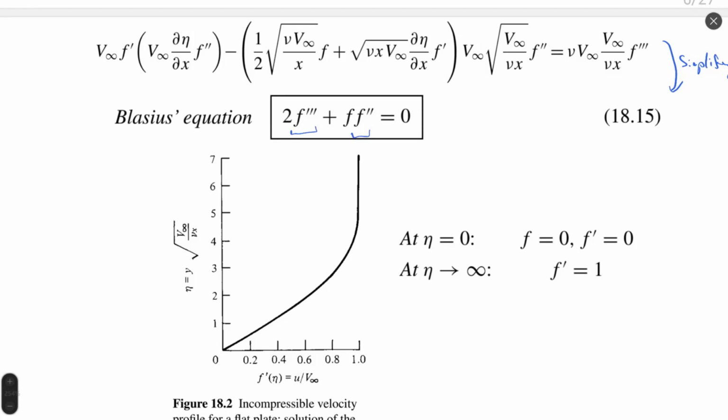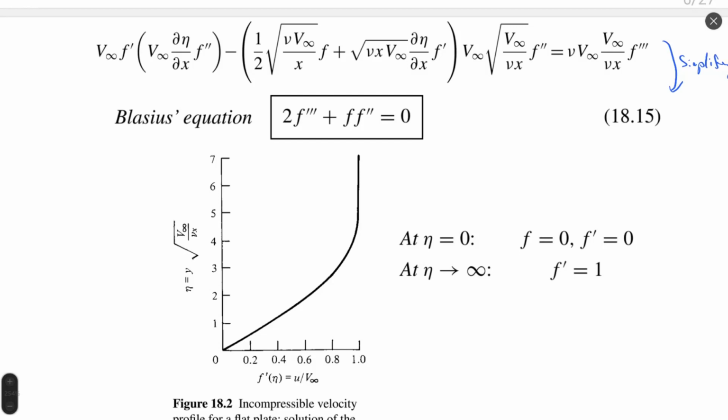This is the second derivative of function f, and this one is function f by itself. And this ordinary differential equation is extremely simple and can be solved, unfortunately not analytically, but it can be solved numerically, for example by the Runge-Kutta method.